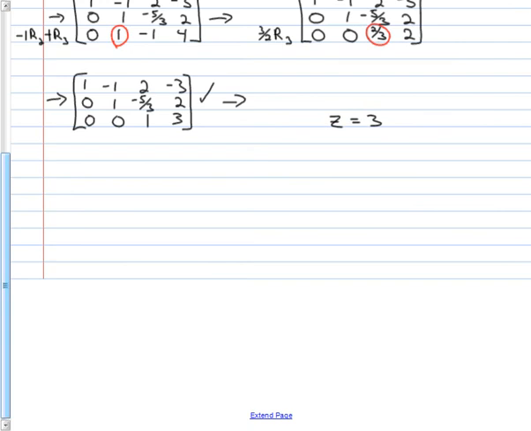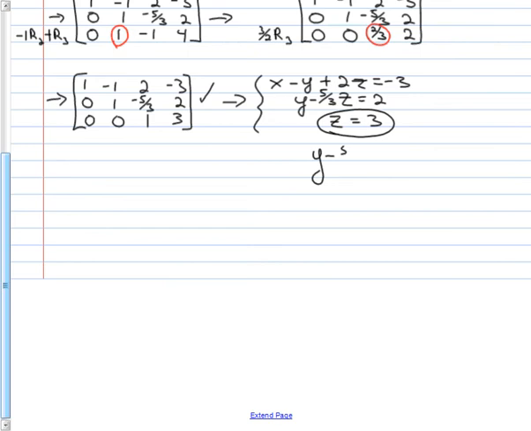Coming back up, y minus 5/3 z equals 2, and then x minus y plus 2z equals negative 3. This is the system that that matrix stands for. Now we'll substitute back in. y minus 5/3 times 3 equals 2. Well, 5/3 times 3 is just y minus 5, so add my 5.